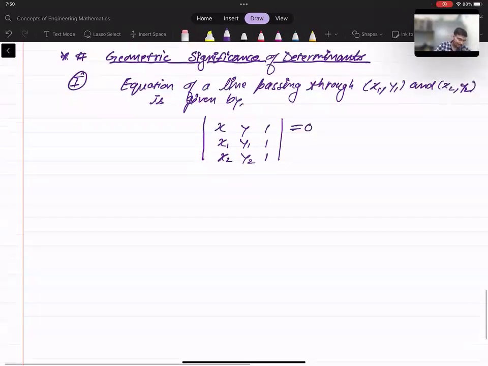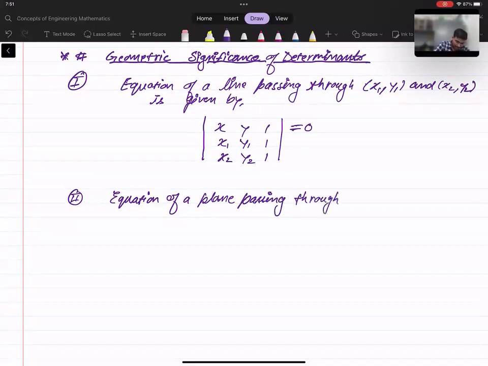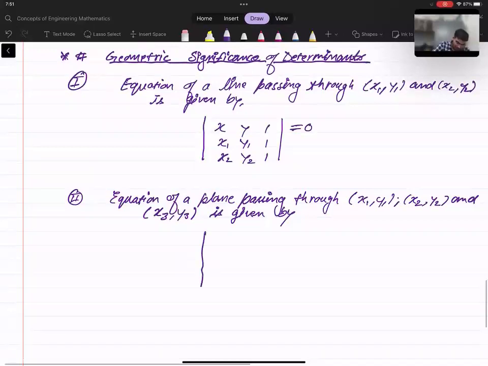Similarly, in the second case, the equation of a plane passing through three given points, say x1 comma y1, x2 comma y2, and x3 comma y3, is given by a fourth order determinant.